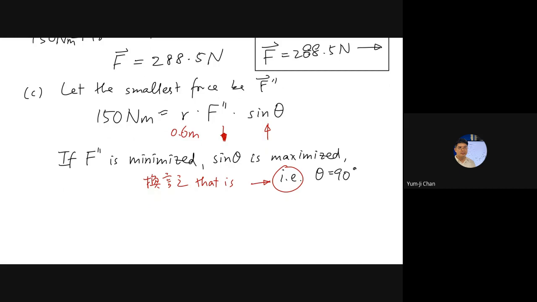Therefore, F double prime equals this one. I'll give you time to write it down.